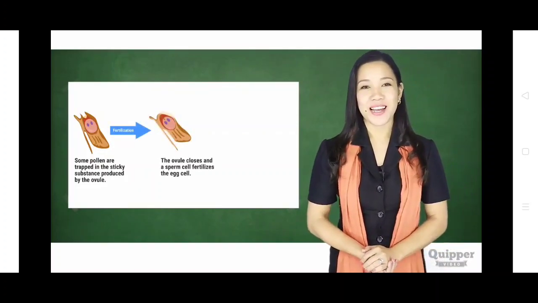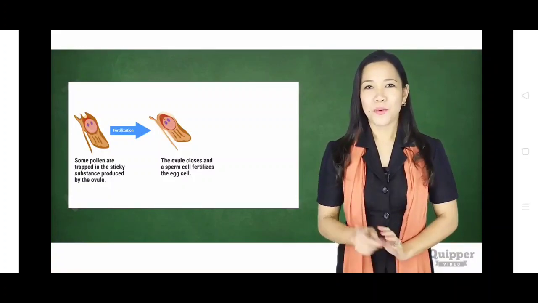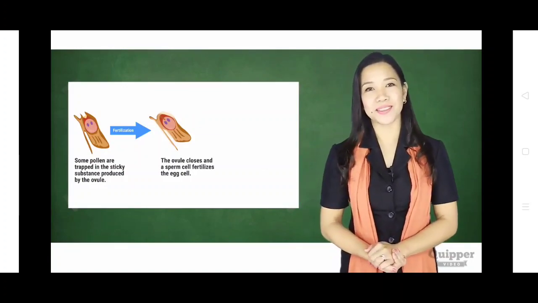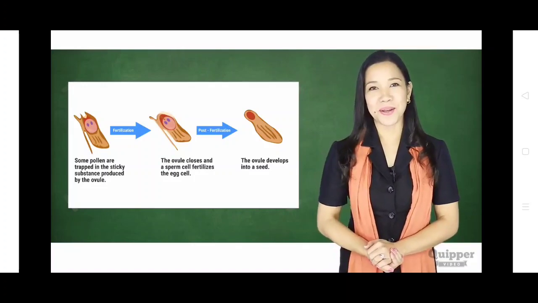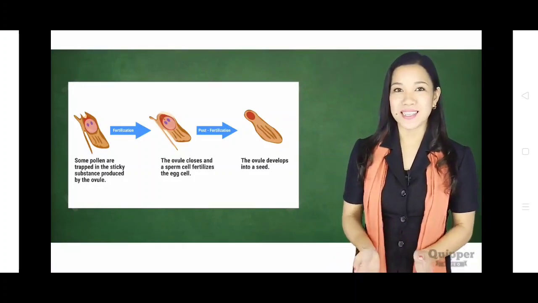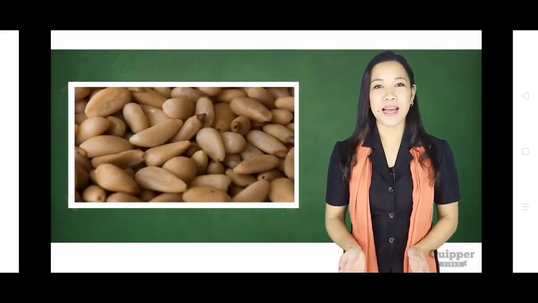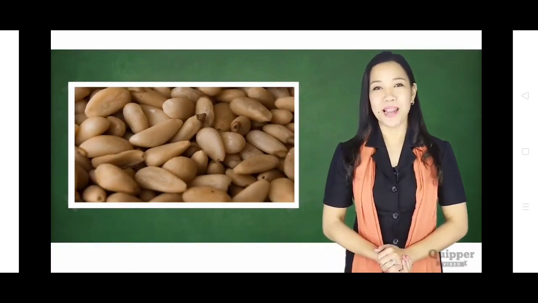After pollination, the ovule closes and seals in the pollen. 1 sperm cell fertilizes the egg cell, forming a zygote. The fertilized egg develops into an embryo, and the other parts of the ovule mature into the seed coat and endosperm. When the seed is planted in a fertile ground, it develops into a new plant.